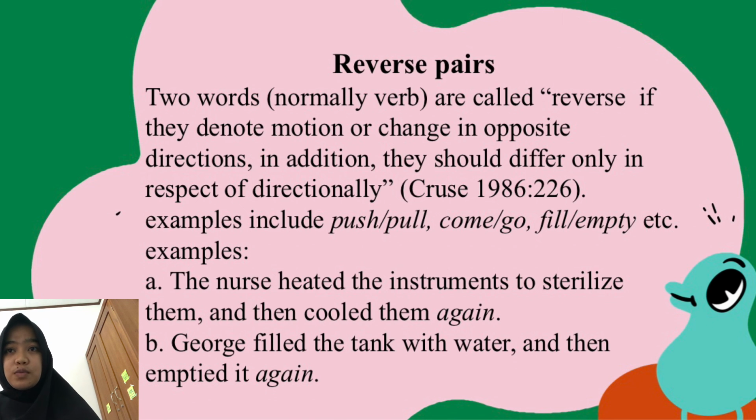Examples include push/pull, come/go, fill/empty, and so on. And the other examples in the sentences: A. The nurse heated the instruments to sterilize them and then cooled them again. B. George filled the tank with water and then emptied it again.